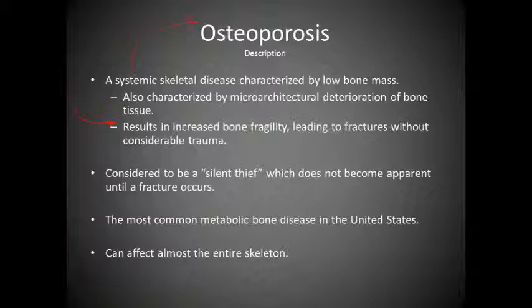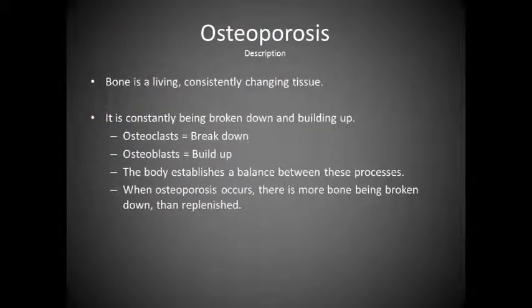The most common metabolic bone disease in the United States is osteoporosis, and so it's very, very common, and it can affect almost the entire skeleton. So there's really no limit on where osteoporosis can go.